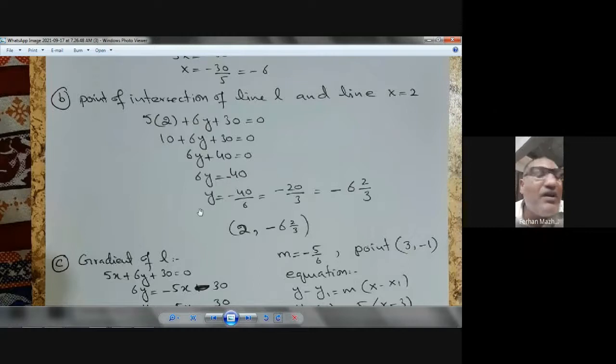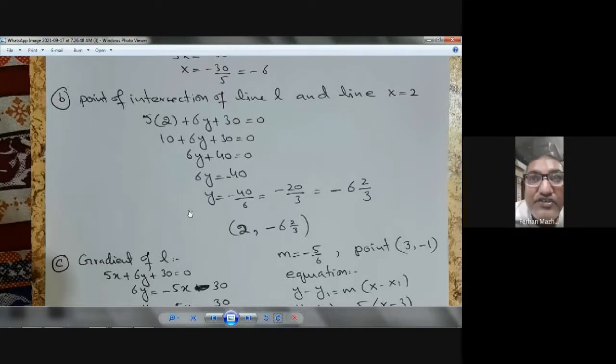So you will have y equals minus 40 divided by 6. You can cancel them with 2, so y equals minus 20 by 3. And you know it means minus 6 whole 2 by 3. So the coordinates of the point where these two lines intersect are: x is 2 and y is minus 6 whole 2 by 3.